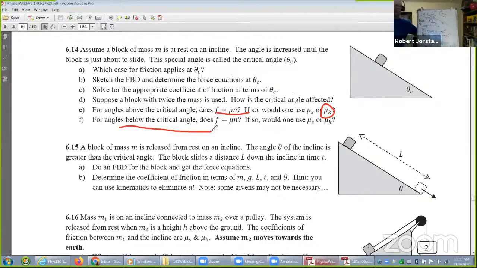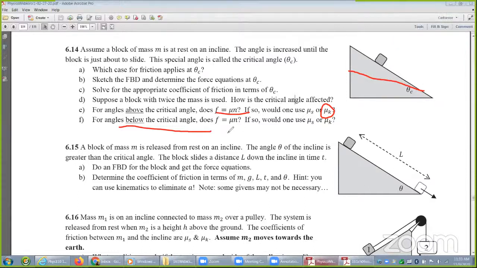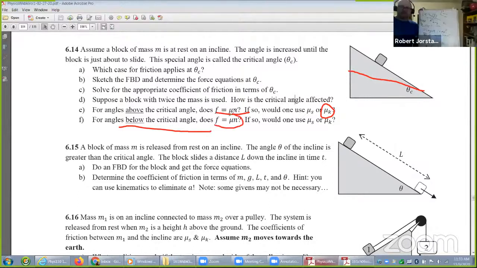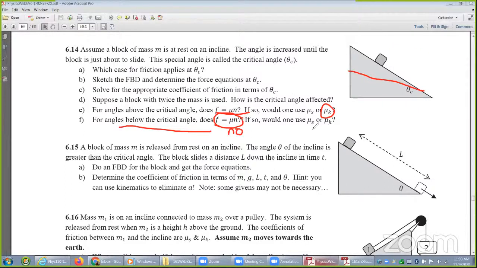What if we're below the critical angle? Somebody else. If you're below the critical angle, is this thing going to slip? So if you used a smaller angle, no, it wouldn't slip. So could we use this equation? No. You can only use this equation with the mu.